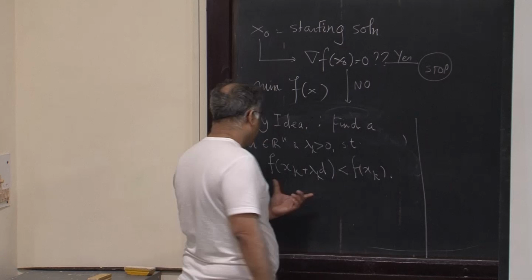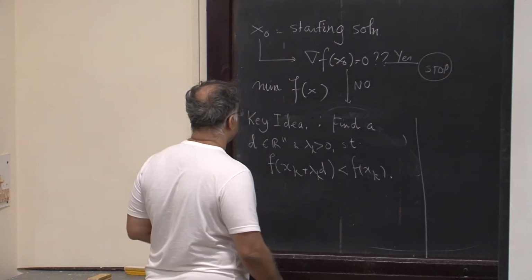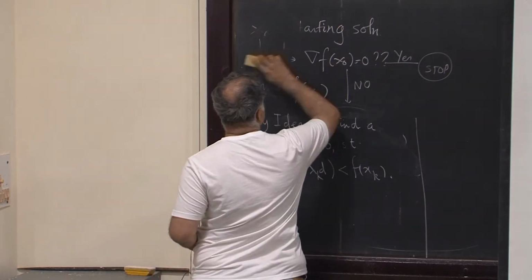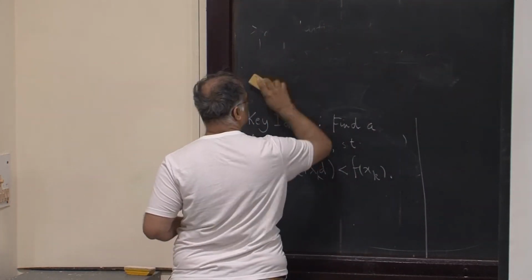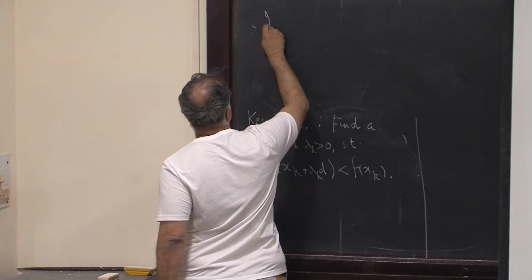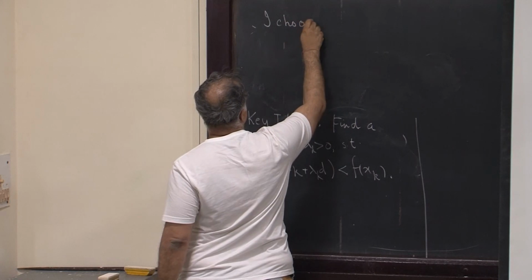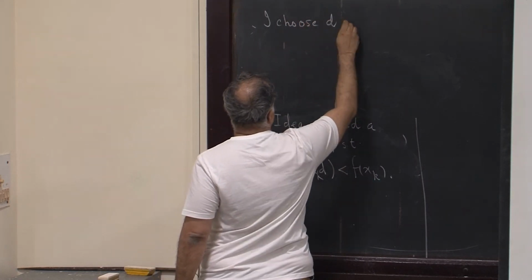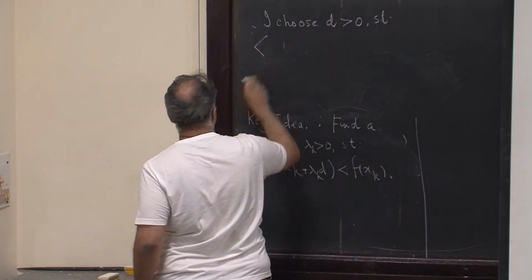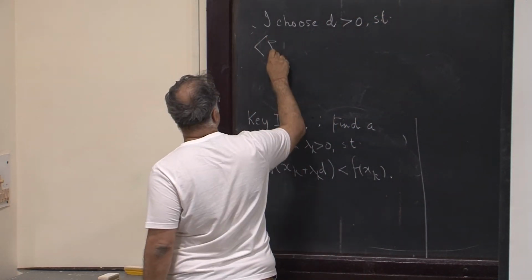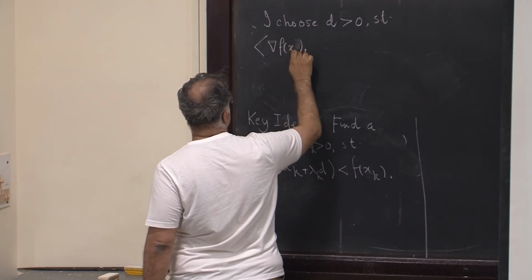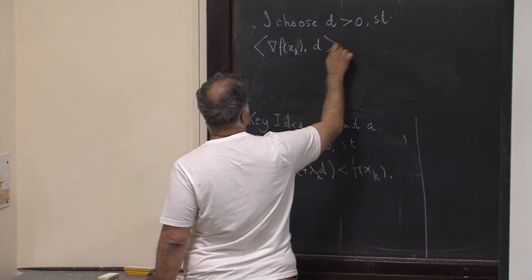Because it is differentiable, suppose I choose a d, and the result is strictly less than 0.